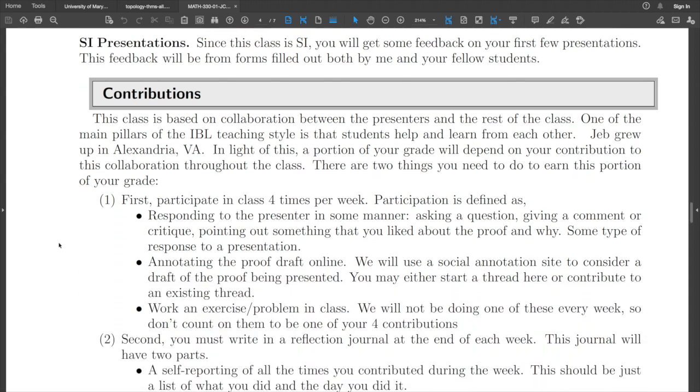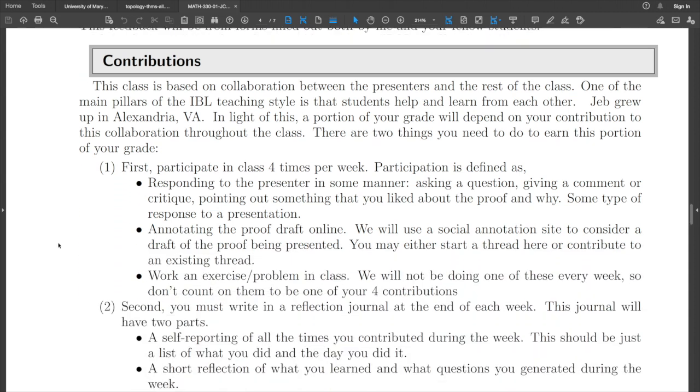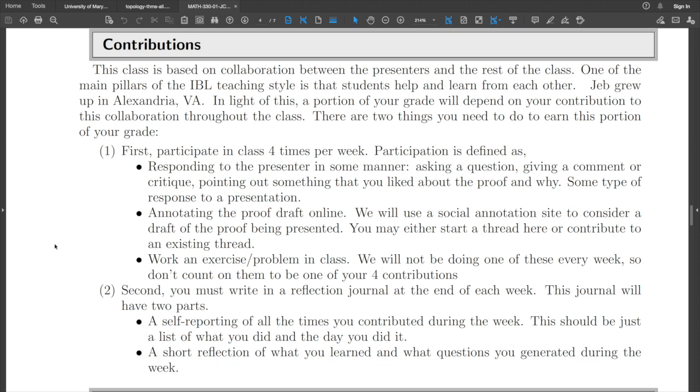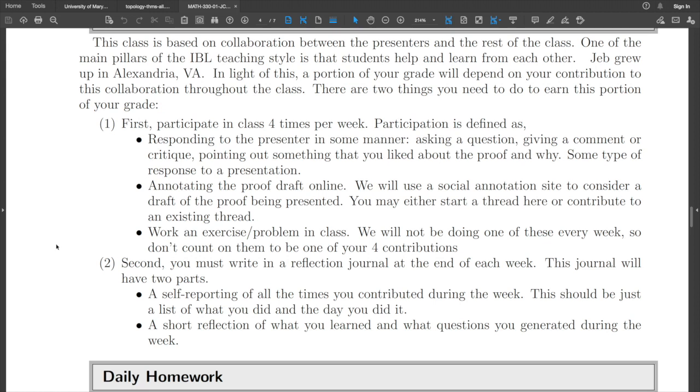Another portion of your grade is contributions. This is the audience portion. To get a good contribution grade, you have to do a couple of things. First, you have to participate in class 4 times per week. All right, participation, there's a lot of ways you can do that. One of them is to comment on Perusall. Make a comment, be part of a conversation on these pre-posts of the proofs.